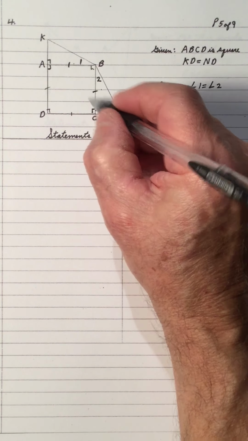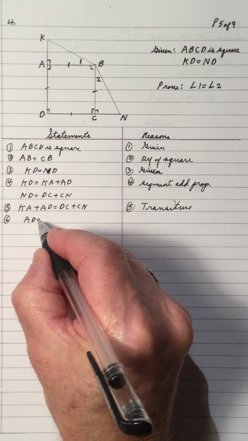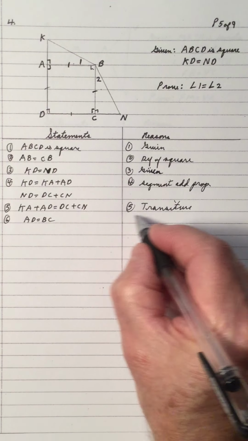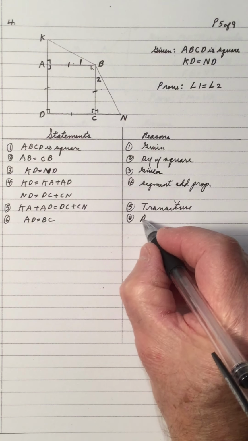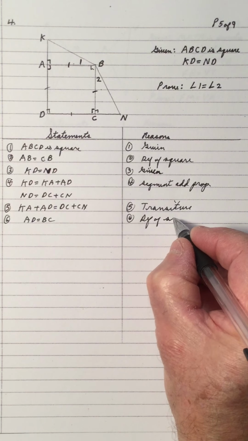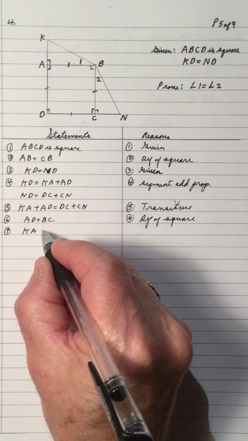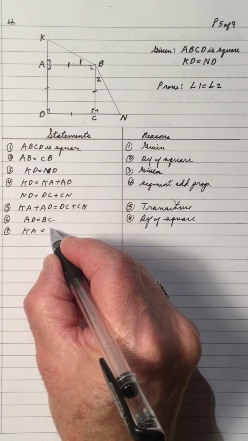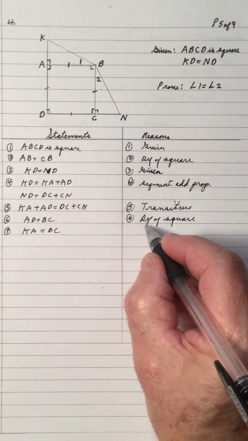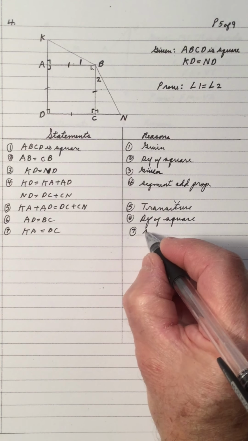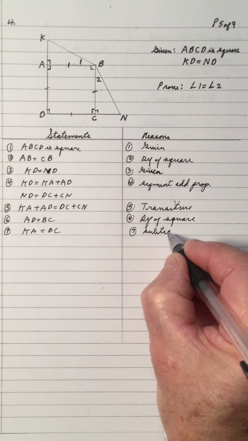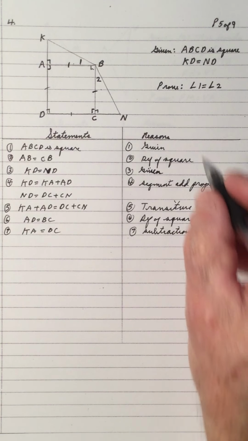And notice that we have AD is equal to BC. Again, definition of a square, all sides are equal. So hence, we have KA is equal to DC by the subtraction property.